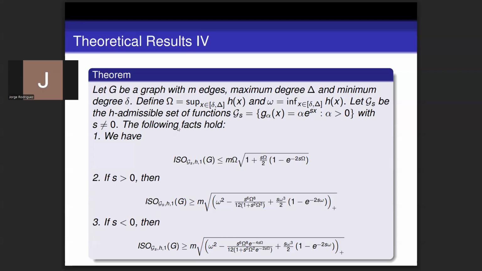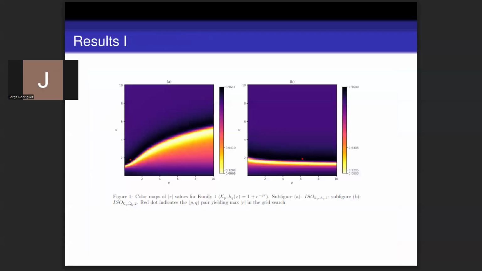And let f be an h-admissible set of functions with this particular functional form, and with s different from zero, and then we have that the following facts hold. We have that the first h integral Sombor index is going to be smaller or equal than this object here. Second, if this is positive, then we have that, again, the first h integral Sombor index is going to be bigger or equal than this object here.